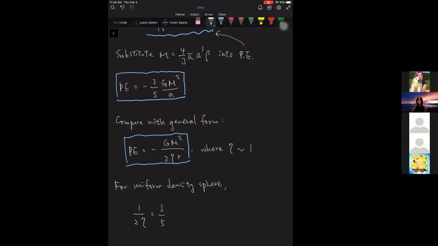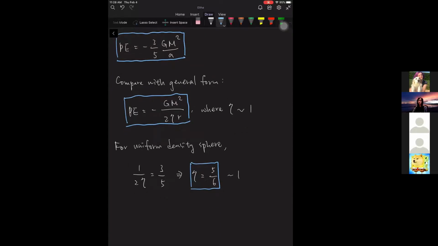By comparing these two equations. So we can get eta equal 5/6, which is approximately 1. All right. So for uniform density sphere, eta is 5/6.